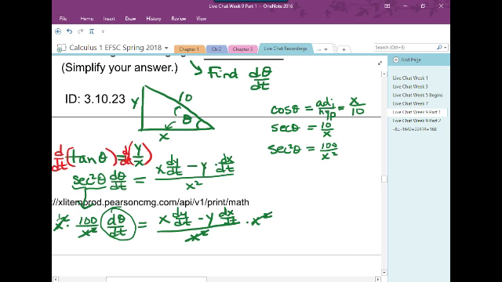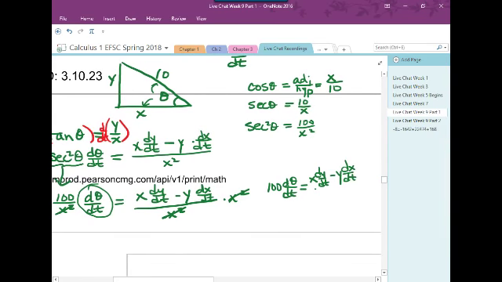Here we go. All right, so we have 100 d theta dt equals x dy dt minus y dx dt. Oh, with no denominator, so we're good there. Okay. So now let's plug in the values that we know.